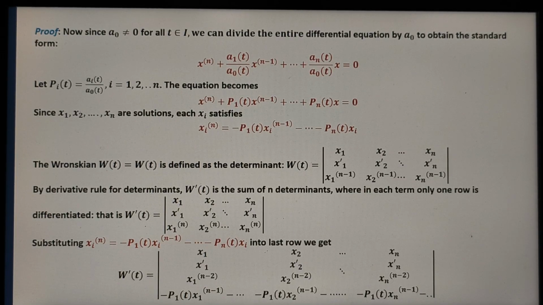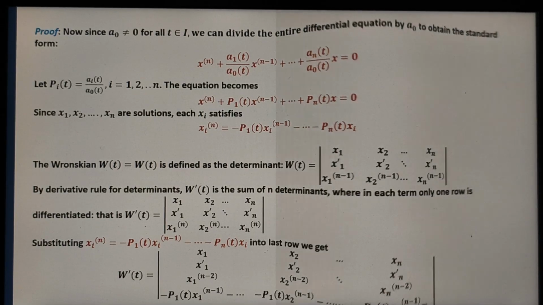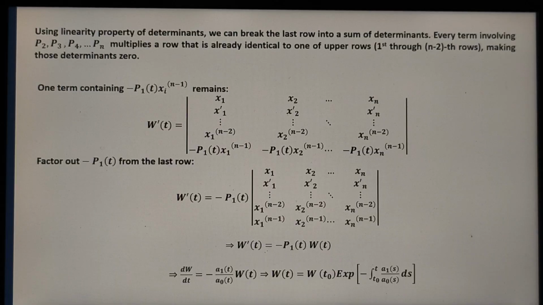That is W'(t) equal to the determinant with rows x1, x2, ..., xn, and the last row becomes x1^(n), x2^(n), ..., xn^(n). And substituting the value of xi^(n) into the last row, we get the derivative of the Wronskian determinant. Using the linearity property of determinants, we can break the last row into a sum of determinants.